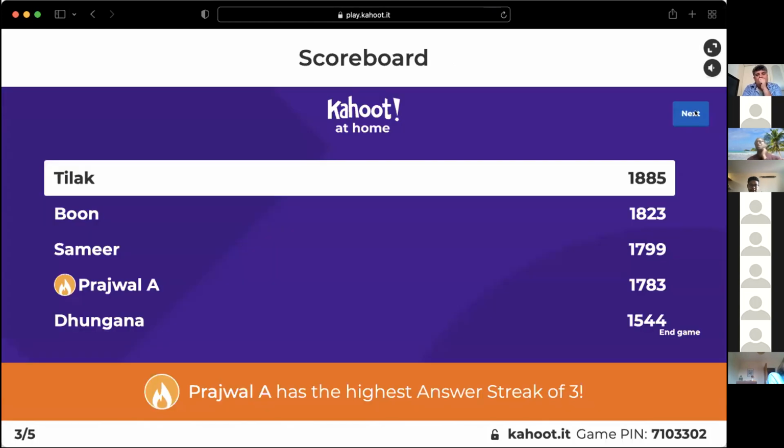Wow, Saurab, be a good teacher. Prajwal is on fire, but Tilak is still on top. Remember, the faster you answer, the higher you score.